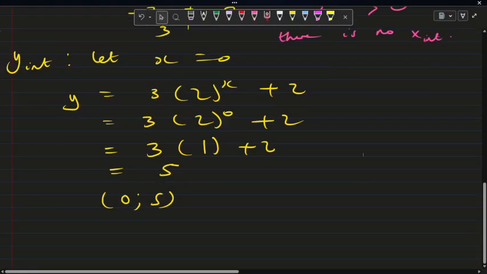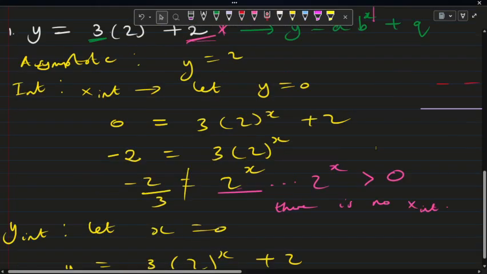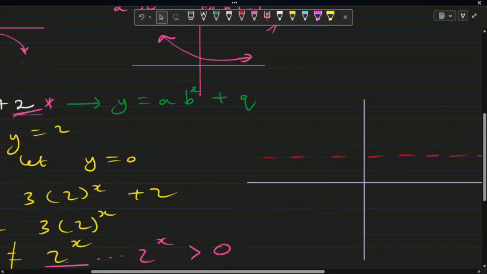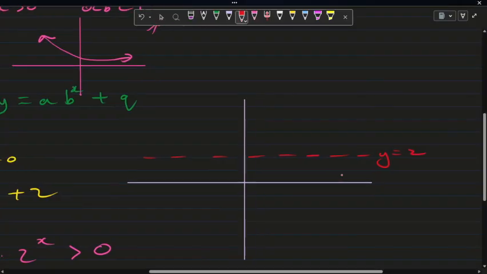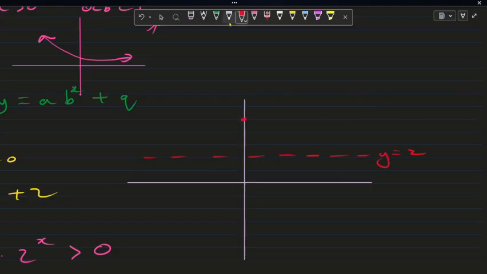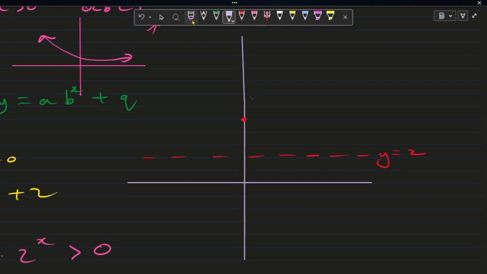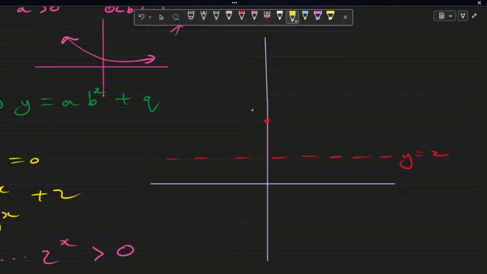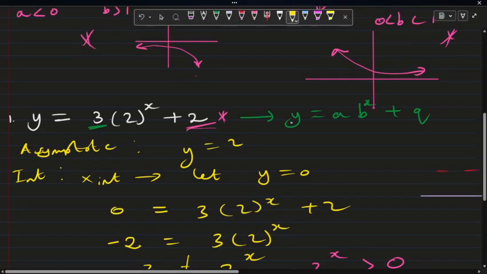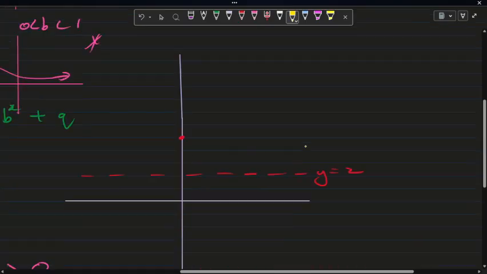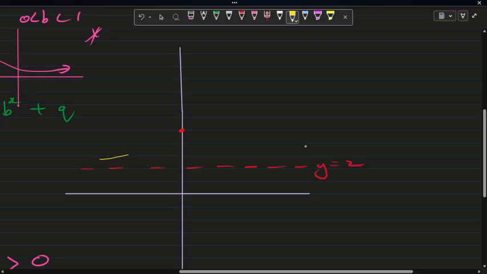And then we have our y-intercept at x is equal to 0, y is equal to 5. So this is 2, 3, 4, 5. So we have a y-intercept there. And then let me just extend my axes. We saw that our graph will look something like the first diagram.